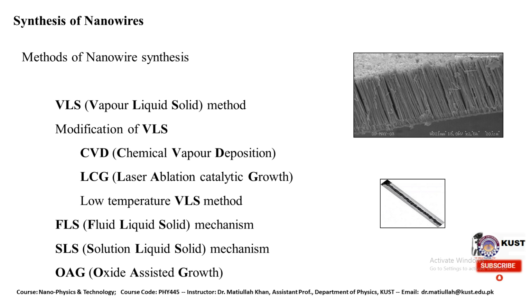Further, we have other techniques, including fluid liquid solid, that is FLS, and SLS, that is the solution liquid solid mechanism. And we have another method for the preparation of nanowires, that is OAG, called oxide assisted growth.